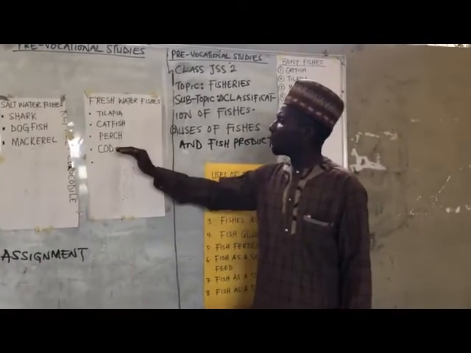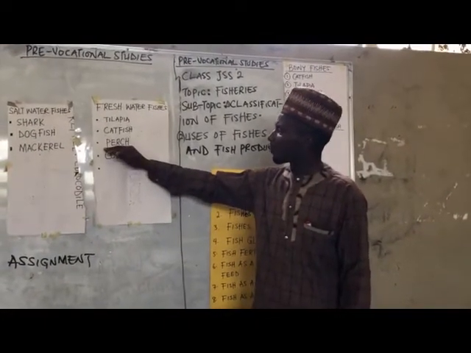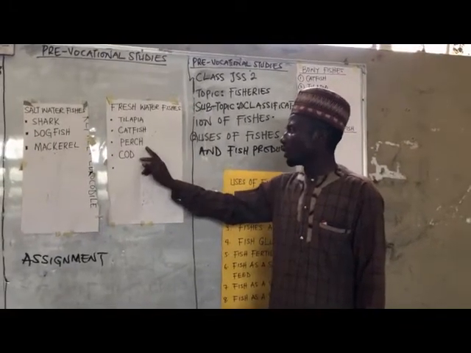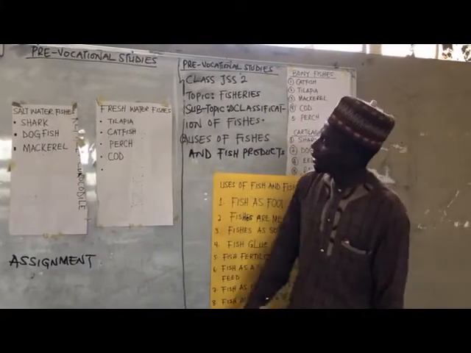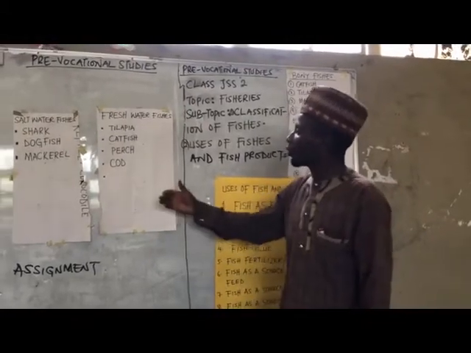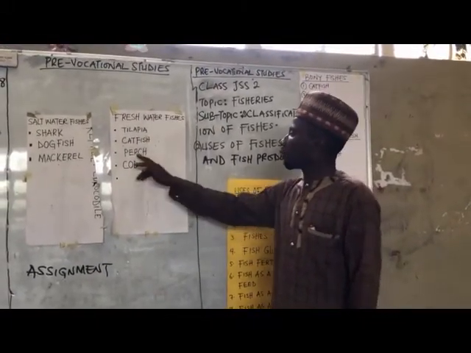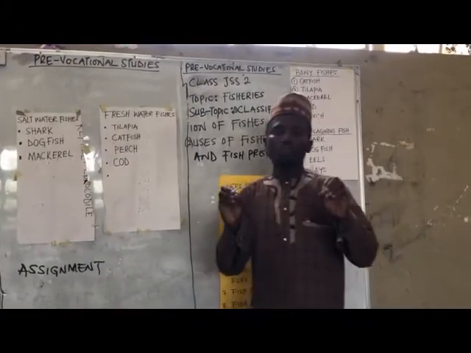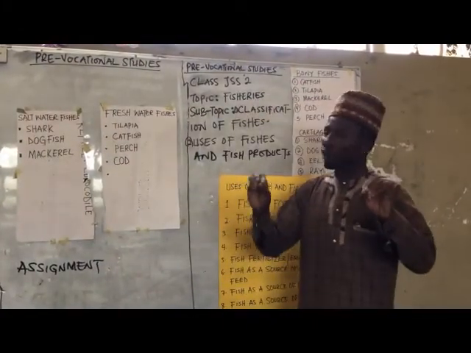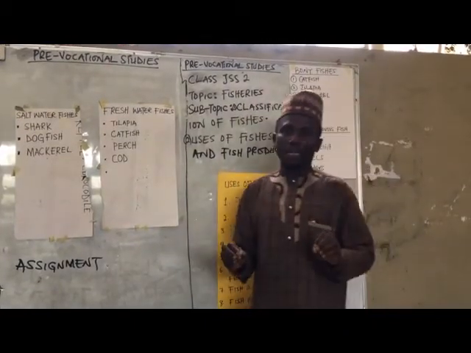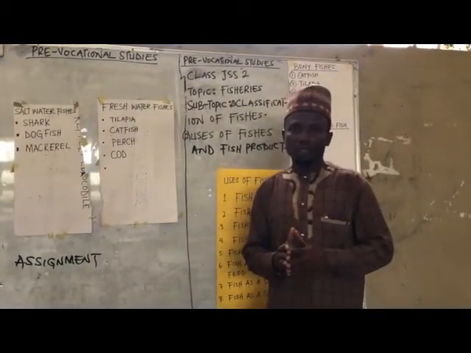Then we have another example of freshwater fish, which we refer to as perch. What you use to differentiate perch from tilapia is that perch has two dorsal fins.